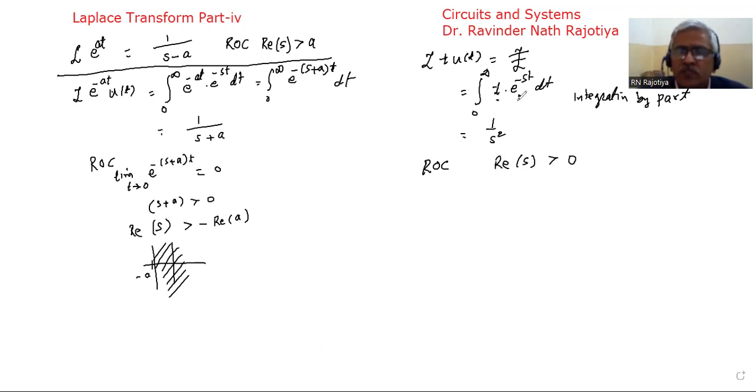Because at the limit it will be e power of minus st with t tending to infinity. So e power of minus st must be equal to 0, and this is possible only when s takes on real values which are greater than 0. The real part of s takes on values greater than 0, on the positive side.